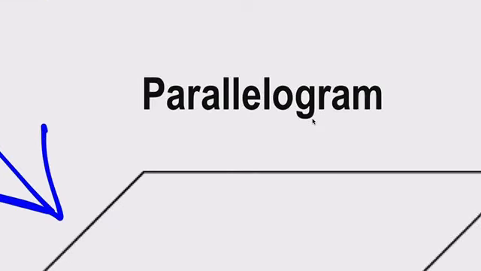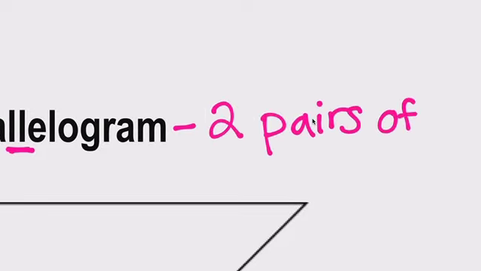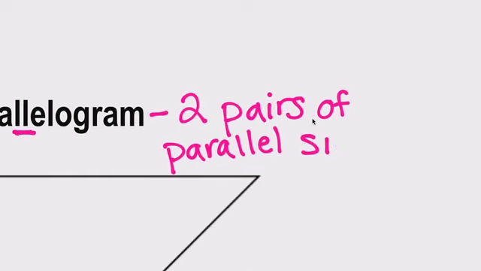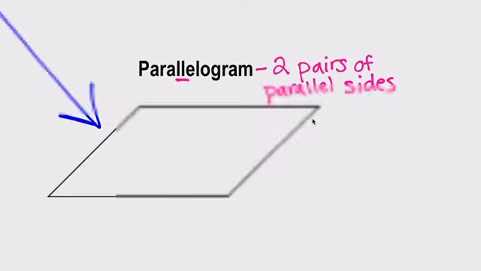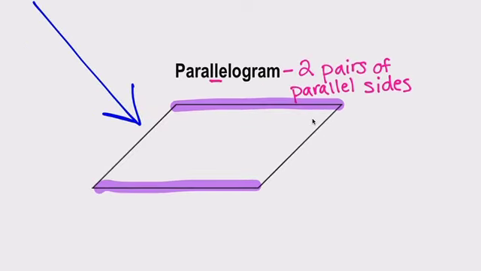And I like to remind myself that parallel has two L's, so a parallelogram has two pairs of parallel sides. And I'm going to highlight that this side is parallel to this side. We could also use these symbols to show that they are parallel. And then this side is parallel to this side. And I could also use these symbols to show that they are parallel.